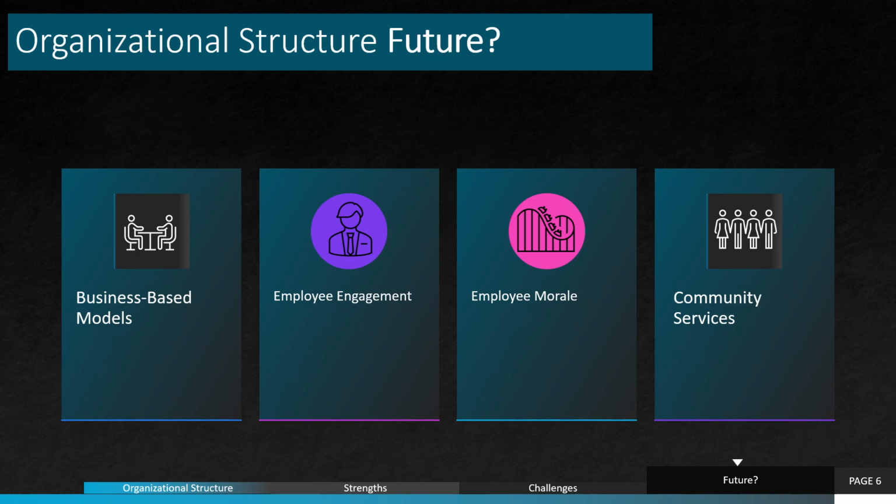And when we consider what's the future or ideal organizational structure for law enforcement, there's a lot of pressure and changes occurring, especially in smaller departments where they're transitioning more to a business-based model where they can delegate authority down to the line level for a lot of decisions, and so you're empowering your employees to make more decisions. If you're an employee and you've been delegated the ability to make certain decisions, generally speaking, that's going to improve morale because you feel like you have more control over some of the functions of your daily job.